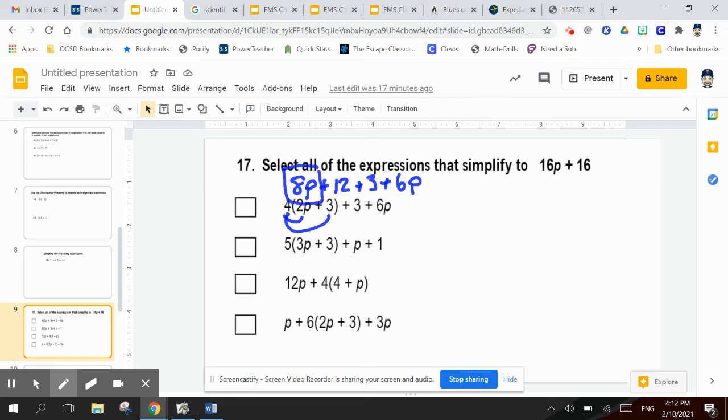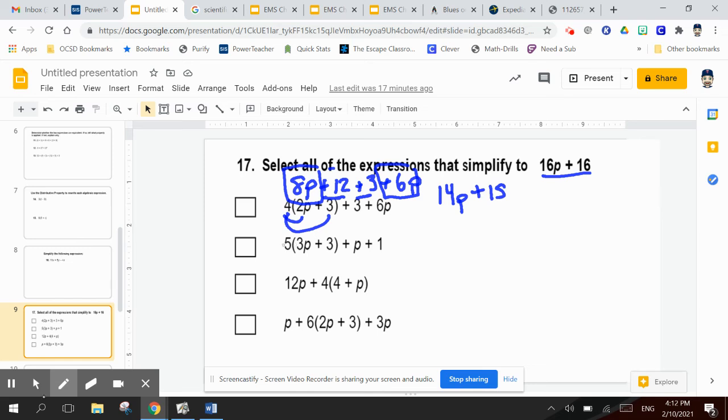So 8p plus 6p is 14p. 12 plus 3 is 15. Is 14p plus 15 equal to 16p plus 16? No. So I'm not going to put anything there.